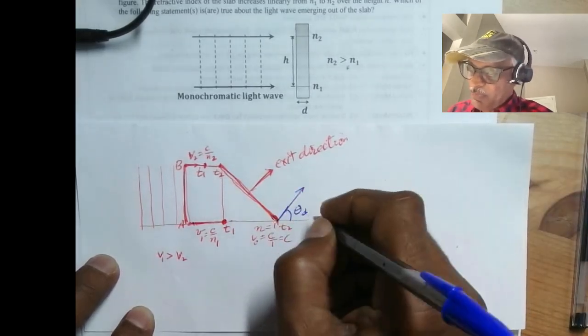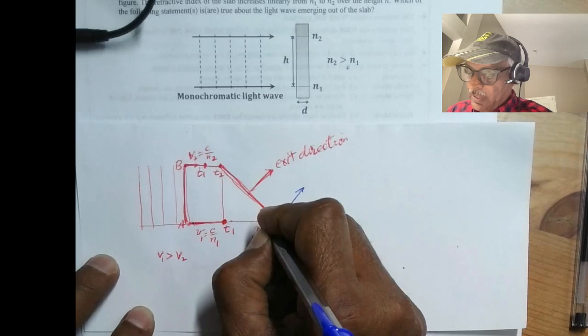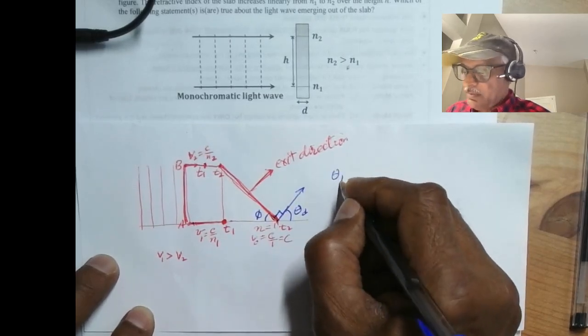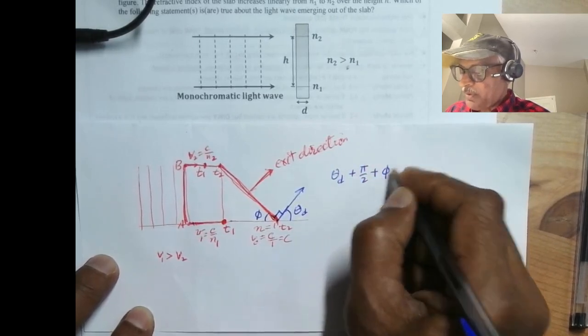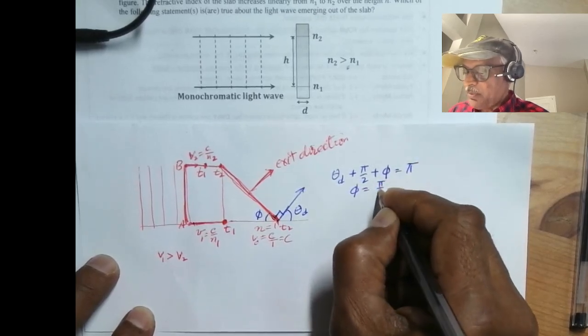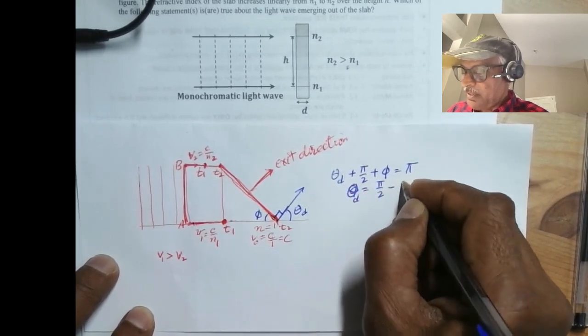This is 90 degrees, and if you find phi, then theta deflection plus pi over 2 plus phi is pi. So phi is pi over 2, and theta d is pi over 2 minus phi.